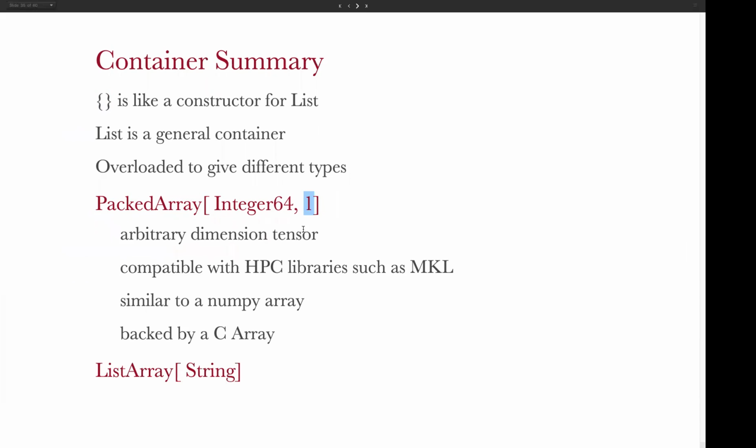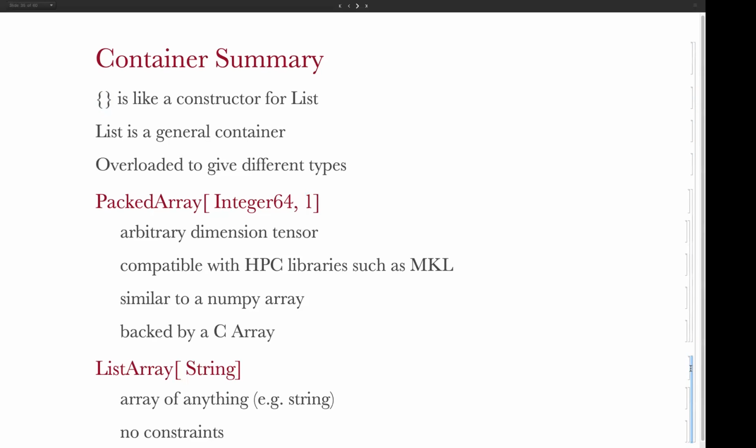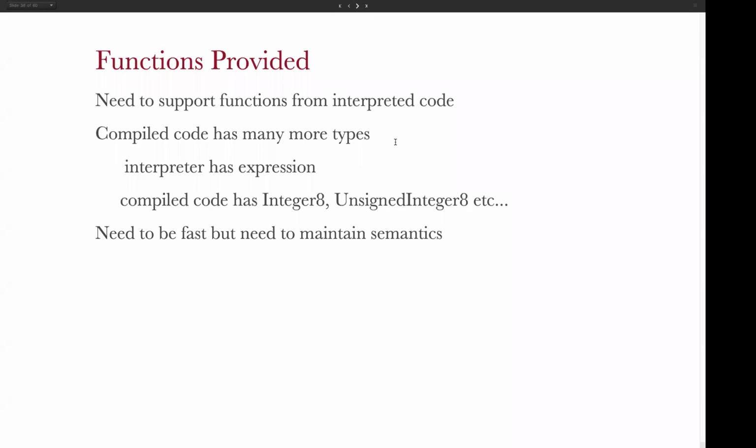It's backed by a C array, a block of memory where everything's laid out in a way that's going to go into these fast libraries. But for things that aren't integers, we have this list array, and that's an array of anything. So it doesn't have all these constraints, but we're still able to work with it and do useful operations with it. So we have types.